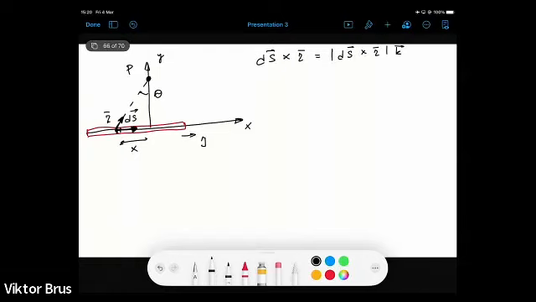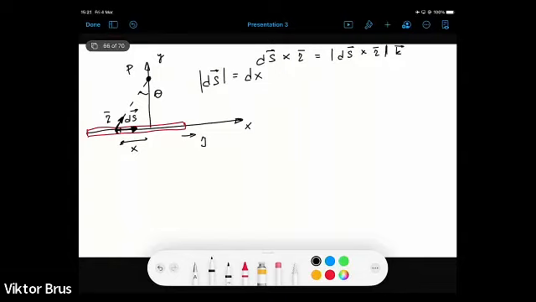So the magnitude of this cross product will be the magnitude of the ds vector, which is aligned along axis x, and can be represented as dx, some small change of coordinate x, because it is aligned just along the axis x.